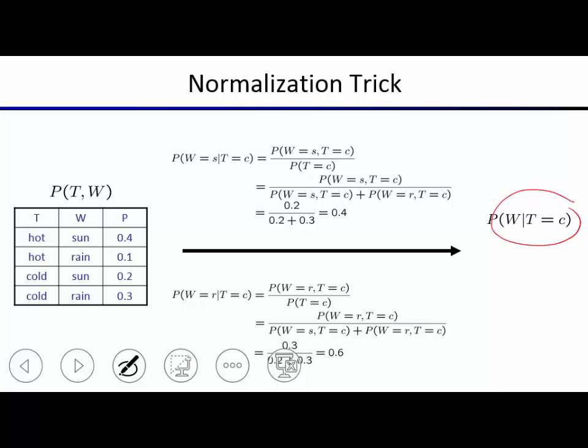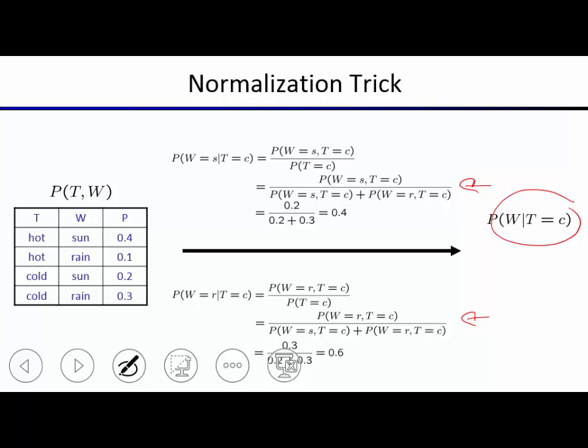Now, the observation here is that if you look at what we're using from the original table, we're only using entries from the original table where temperature equals cold. Entries where temperature equals hot don't appear in this calculation anywhere.